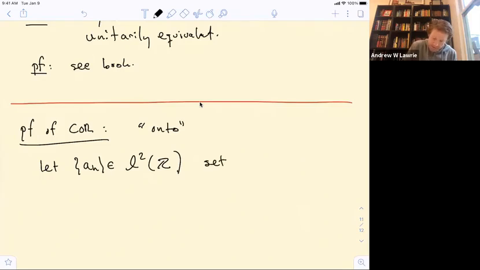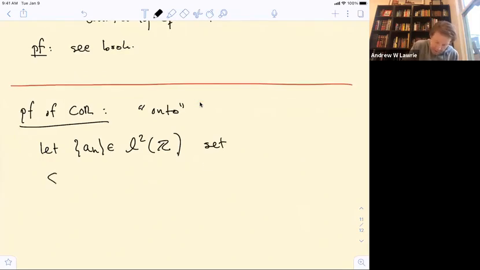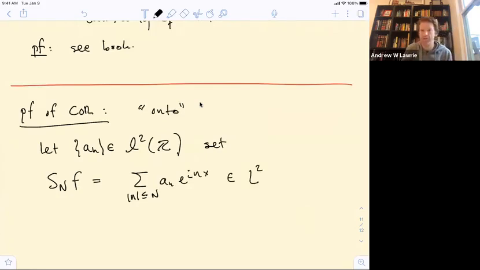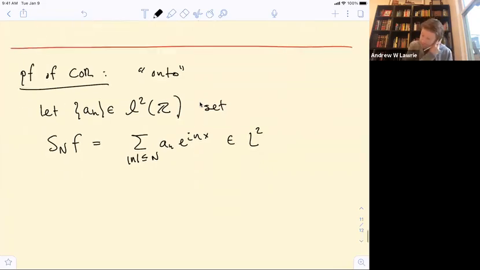Set S_N f to be equal to the sum of a_n e to the i n x. This is in L2 of T, right? So it's just a finite linear combination of these.